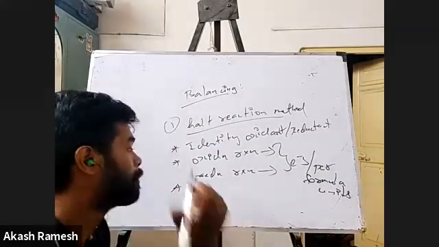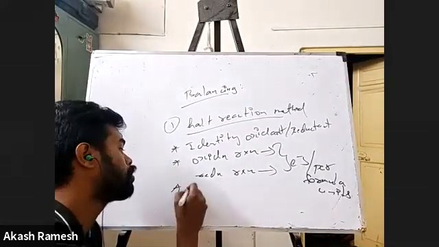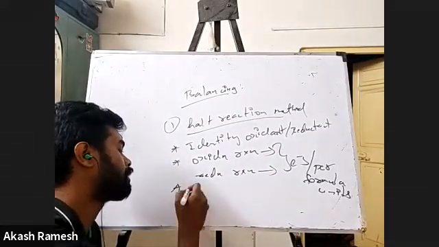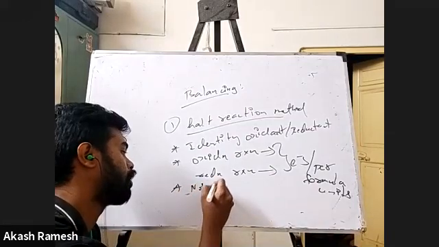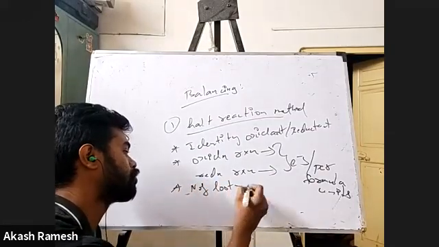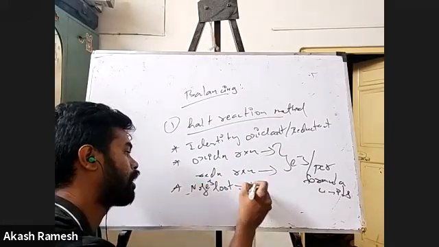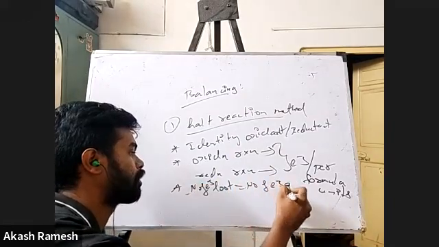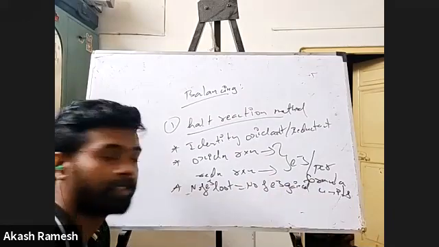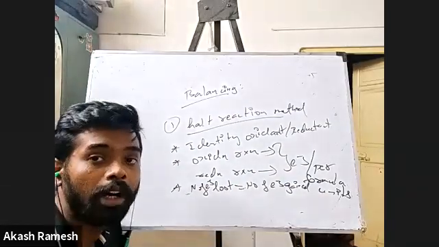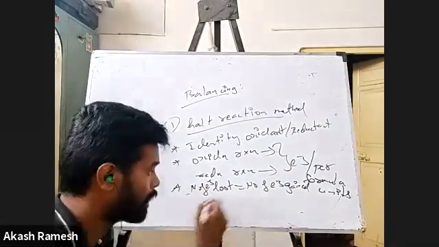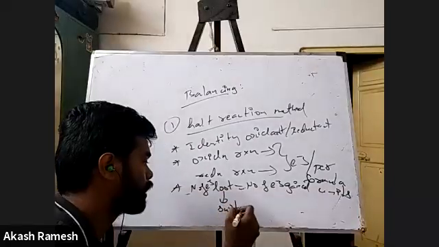After identifying the oxidation and reduction, writing the half reactions along with the number of electrons, next you make sure that the number of electrons lost is equal to the number of electrons gained. How are you going to do that? By suitably multiplying with a factor.